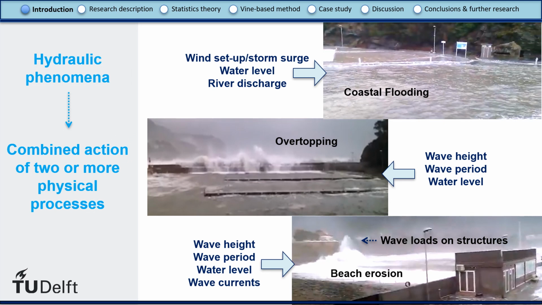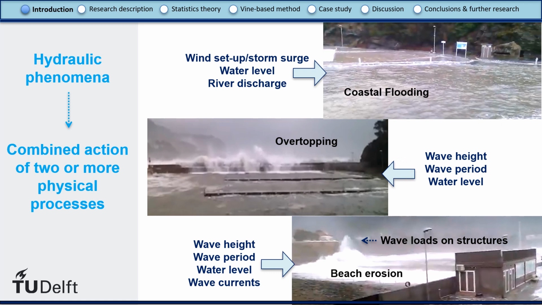Usually, these hydraulic phenomena result from a combined action of two or more physical processes, such as waves, winds, and rainfall. These processes can be characterized by variables, which are the ones that we as engineers study. For example, overtopping results from a combination of certain variables: wave height, wave period, and water level.